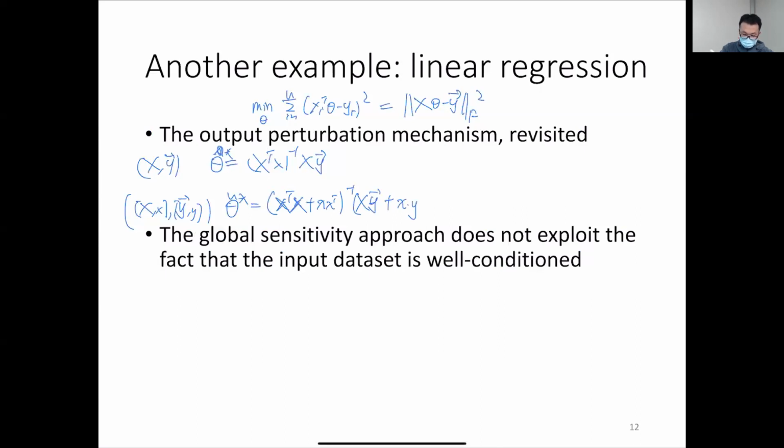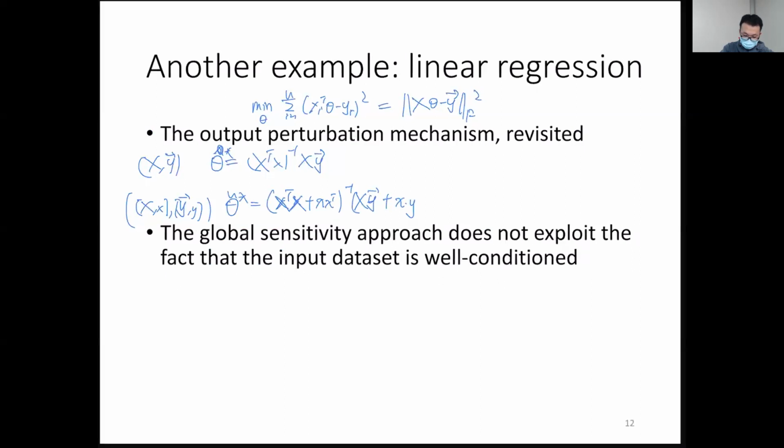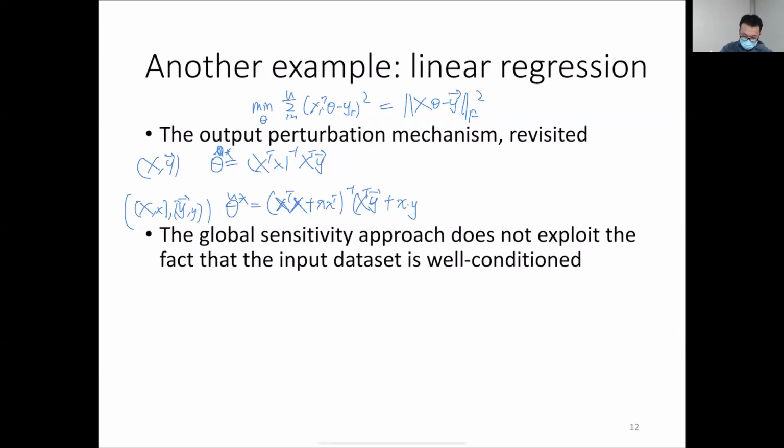X is n by d, so I think there's a transpose here. Okay, yeah. So this is adding, but since we're doing the neighboring relationship being replace-one, we'll need to add and also remove something. So we also have to remove the corresponding one, but let me ignore that. So basically there's something that got added to this covariance matrix that we invert.